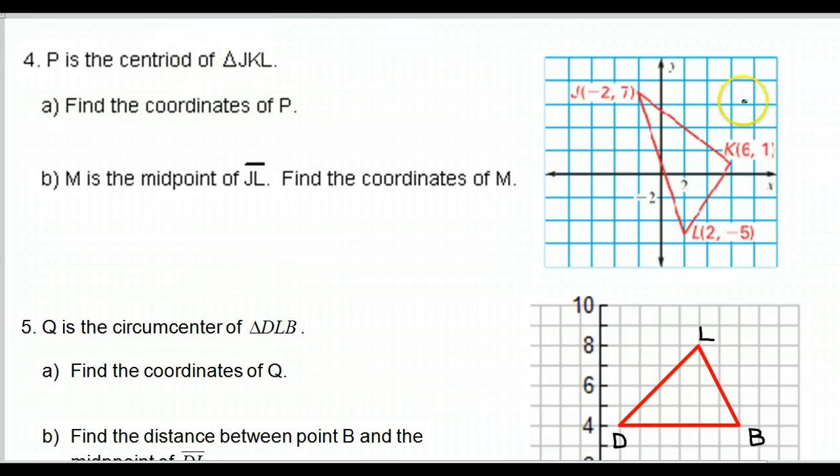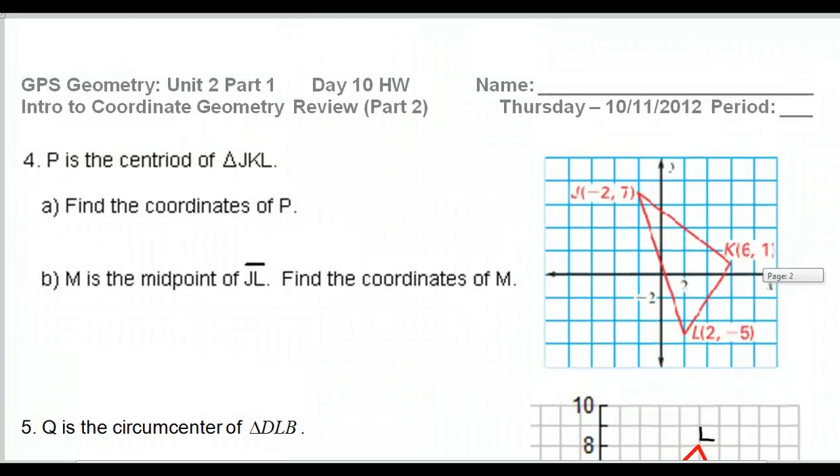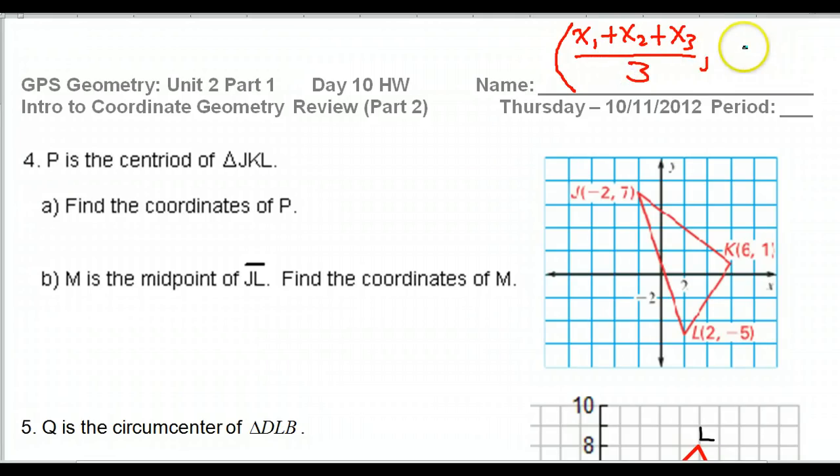So, to find the centroid, here's the centroid formula. I do x1 plus x2 plus x3 all divided by 3, comma, then I do the average of the y's. y1 plus y2 plus y3 all divided by 3.